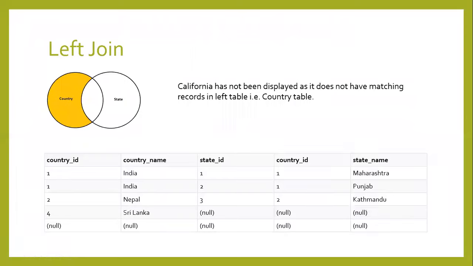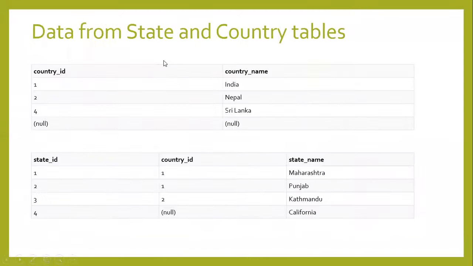There you go. As you can see here, on the left join, you can see that it has the row full of nulls. Because the left table, if I go back to the left table, Abhishek, which in this case is the country table, has a row with a null country ID and a null country name.